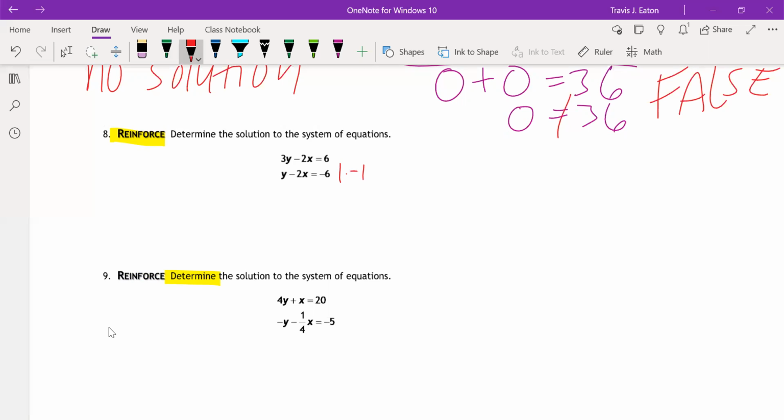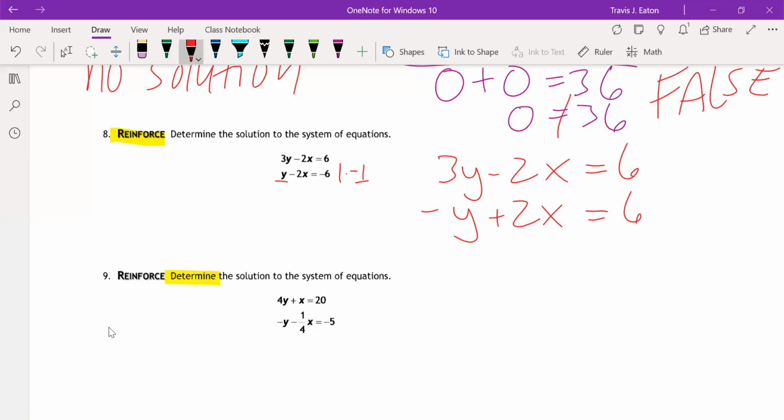Because when I do that, of course, the top equation stays the same, 3y minus 2x equals 6. And then when I multiply the bottom equation, I get -y, because it's times -1. -2x times -1 is positive 2x. And that's going to equal -6 times -1 is 6.